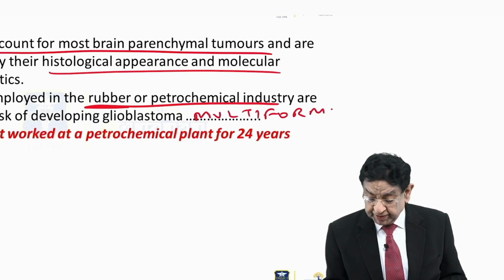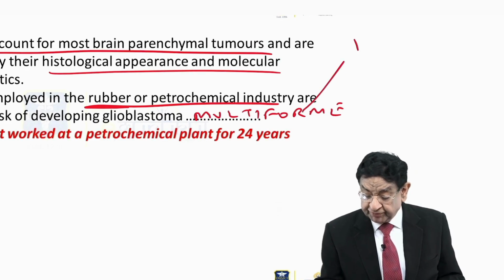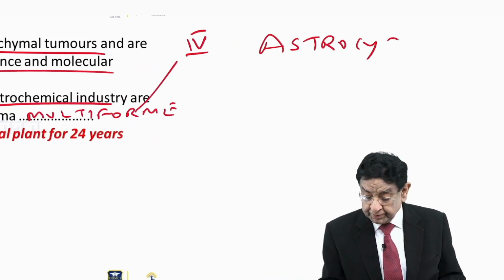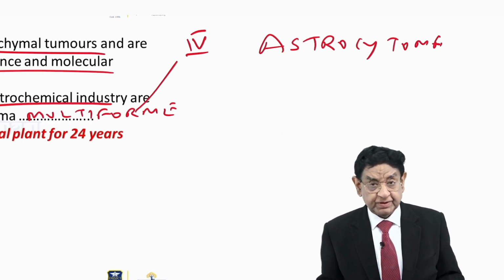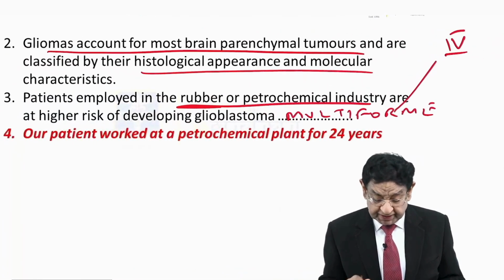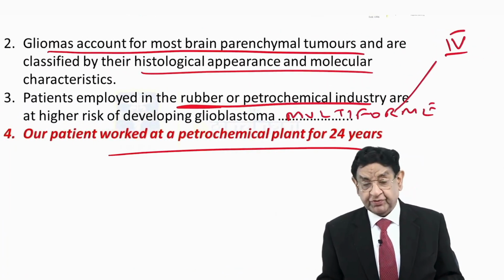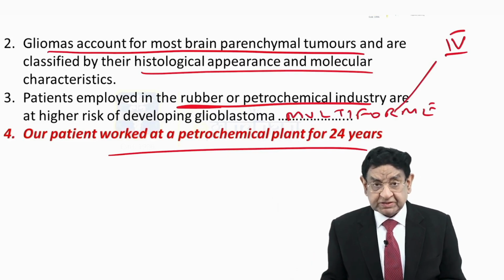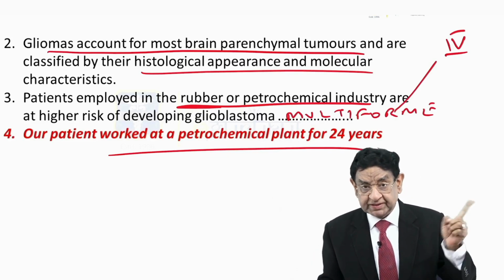We all know very well that it's a grade 4 astrocytoma and a highly malignant type of tumor. Our patient has worked in this industry for 24 years, so it's quite possible that he developed it because of this occupational hazard, which I mentioned in the very beginning also.